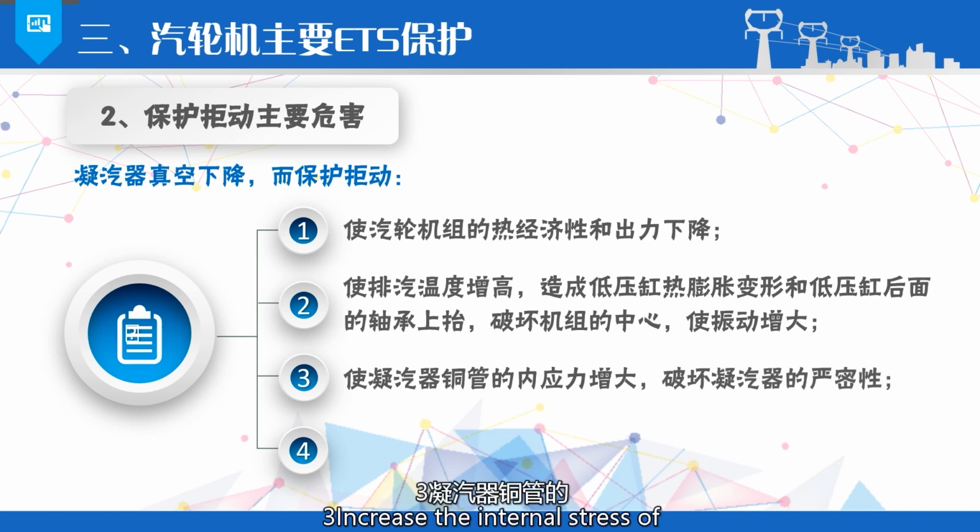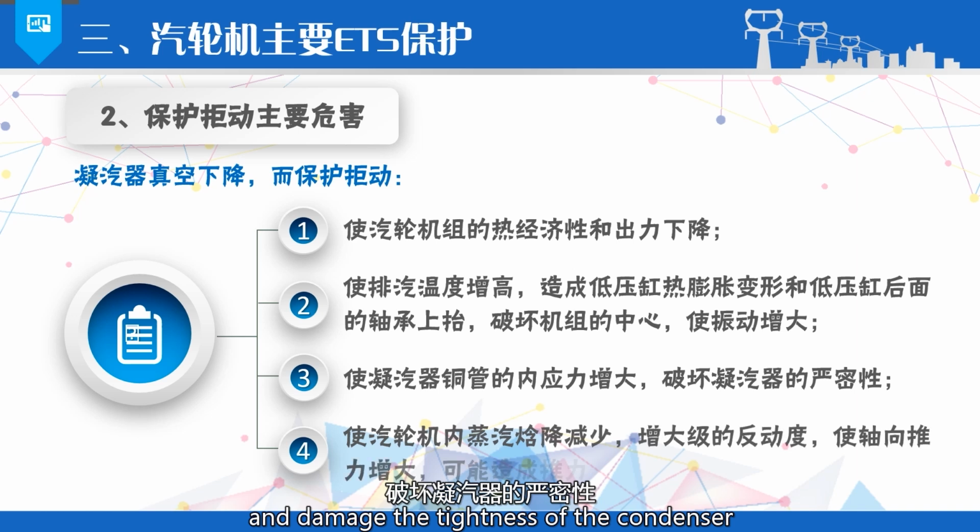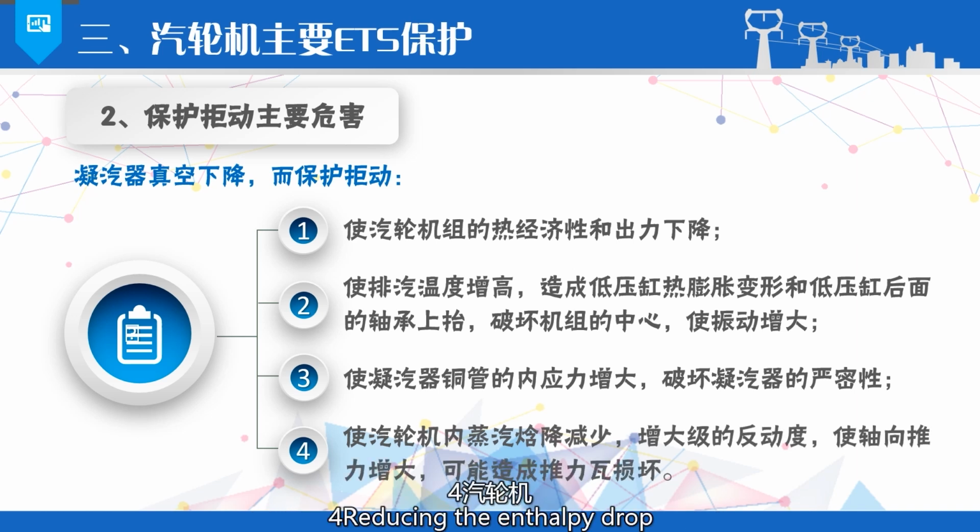Third, increased internal stress of the copper tubes of the condenser, damaging the tightness of the condenser. Fourth, reduced enthalpy drop of steam inside the turbine, increased reaction degree of the stage and increased axial thrust, which may cause damage to the thrust pad.